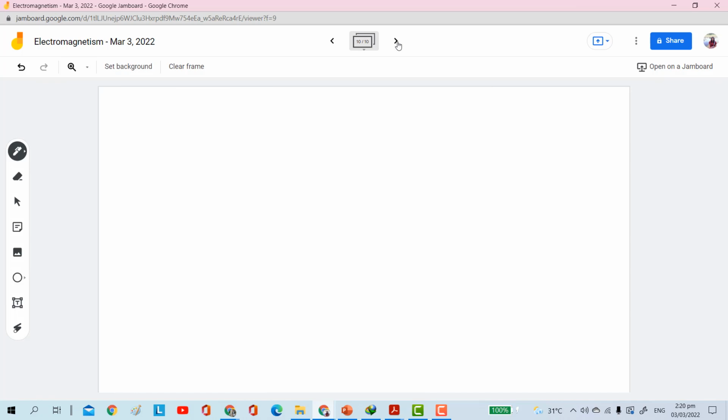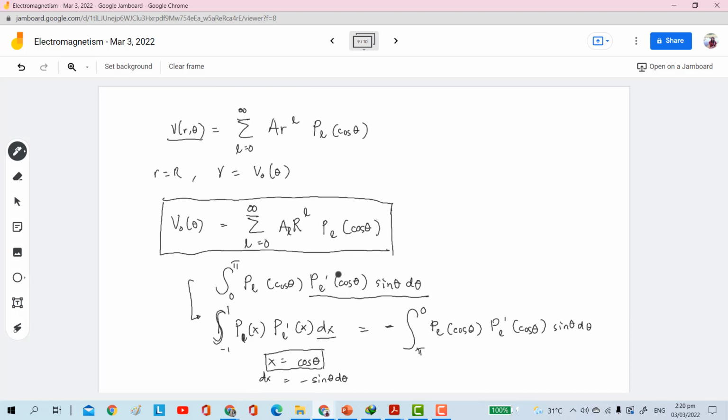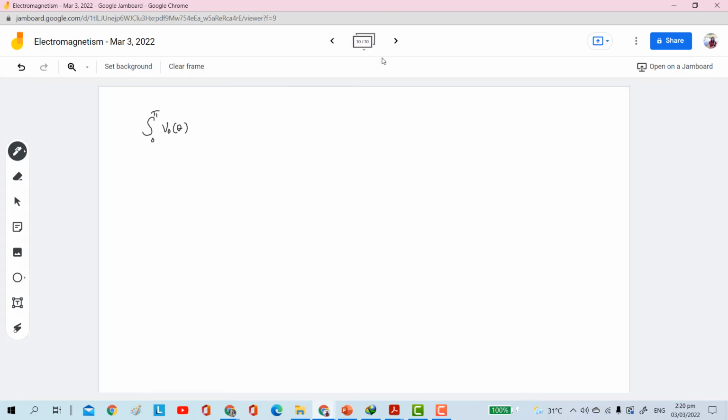So, you have integral of V naught from 0 to pi. V naught is a function of theta. And then, multiply this with P sub L prime cosine theta sin theta d theta. Now, ganito class, among nadumduman katong if L is not equal to L prime. Sige lang, yan na siya.